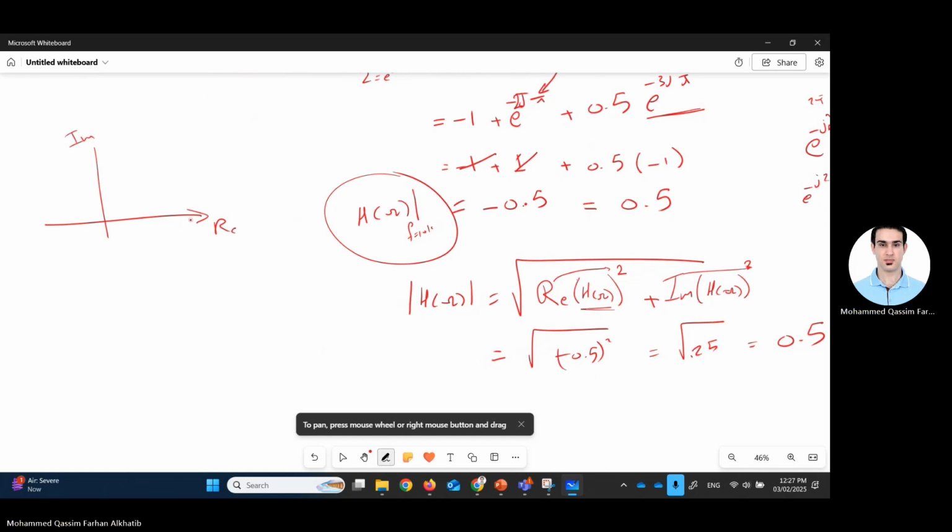I want to represent the number negative 0.5 on these axes. So it is negative 0.5 plus 0j. There is nothing on the imaginary axis, so I'm at 0. Now negative 0.5, where do I go with it? That's 180 degrees. Now if you use the calculator, you will get tan inverse of 0, you'll get 0.